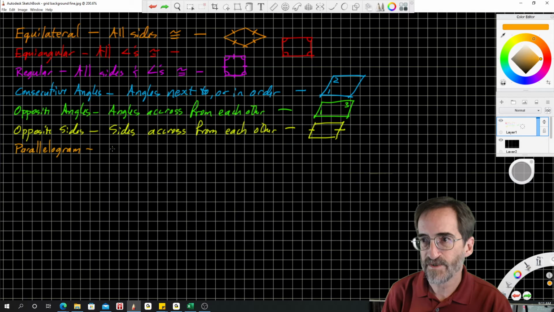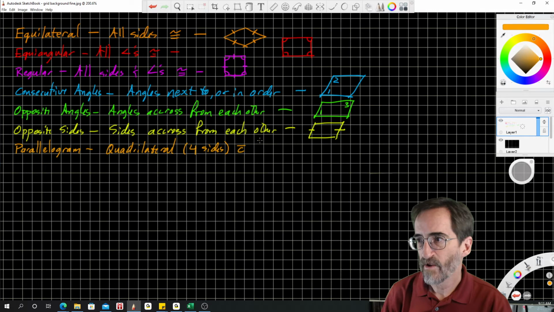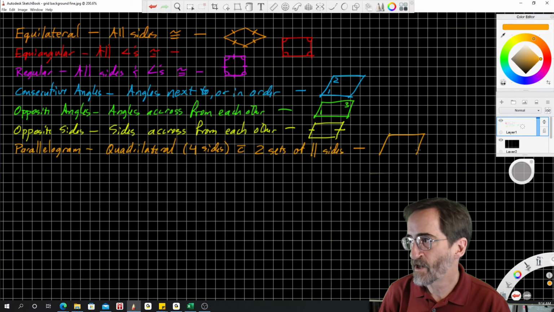That means it has four sides, with two sets of parallel sides. So the definition does not include congruent angles or congruent sides. It's all about parallel.